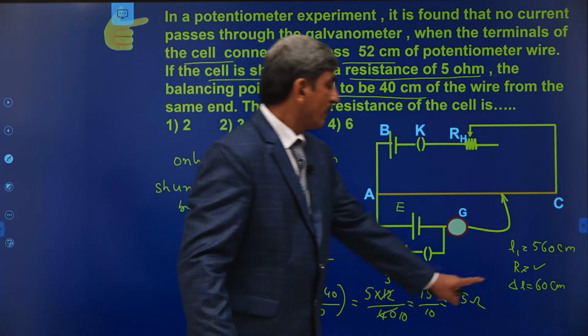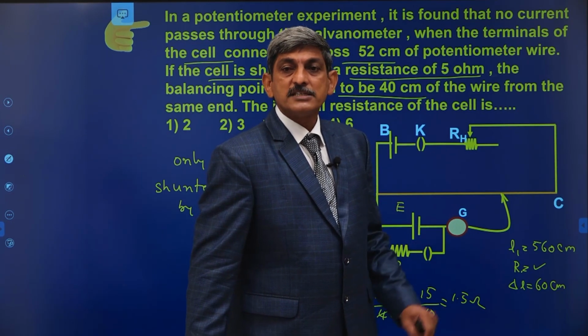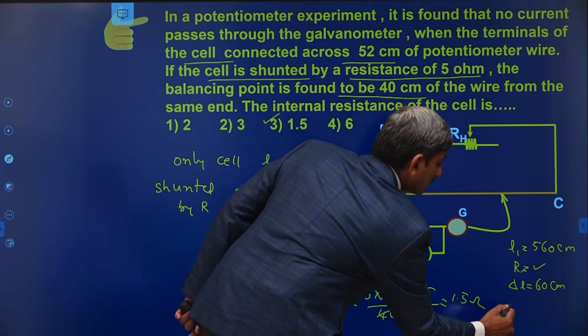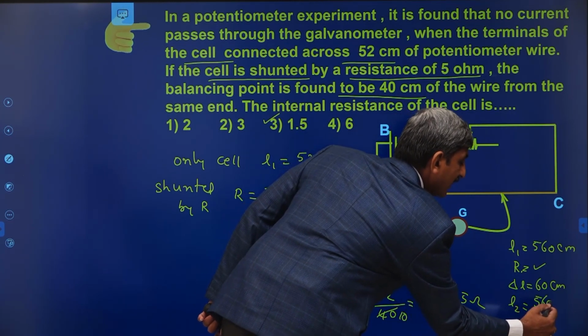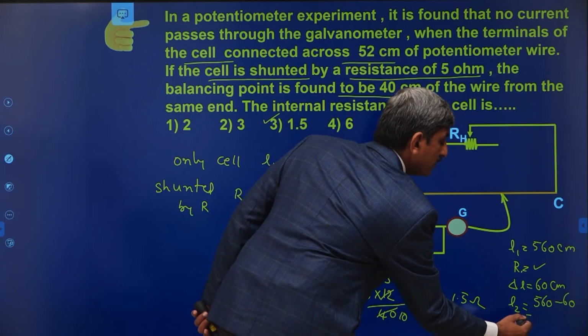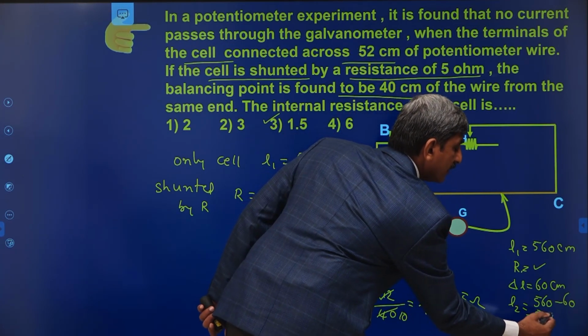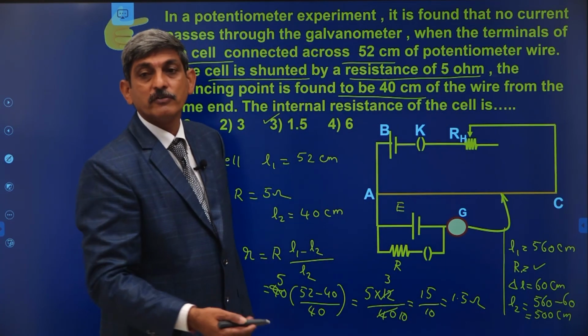That's why whenever the shift in the balancing length is given, then the new balancing length L2 is equal to 560 minus 60, but should not add 60, then you will get it as 500 centimeters. By doing so, we have to find out the L2 value.